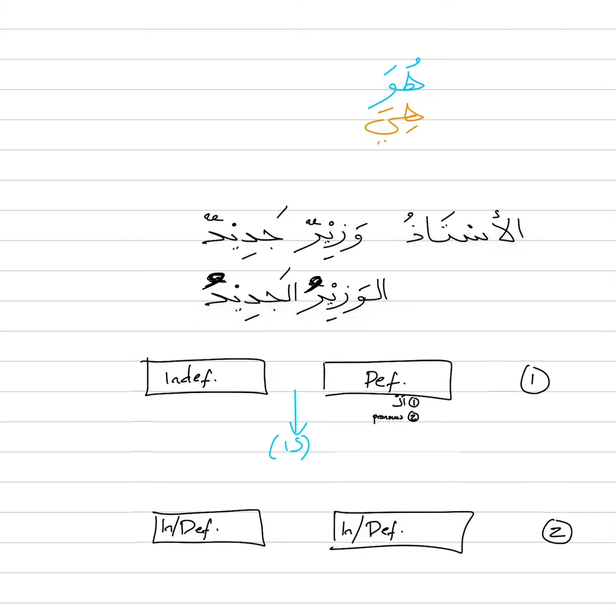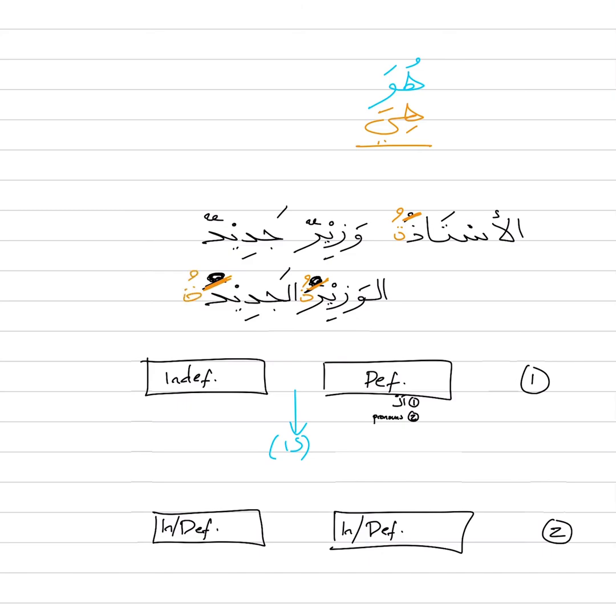Likewise, if al-ustadh was a feminine word, al-ustadhu becomes ustadhatu. Here, al-waziratu al-jadidatu. Yeah?